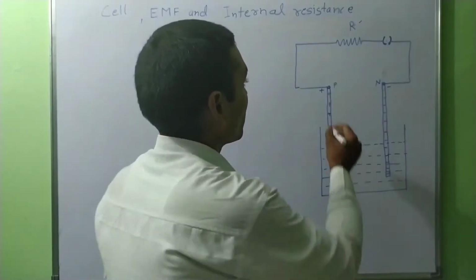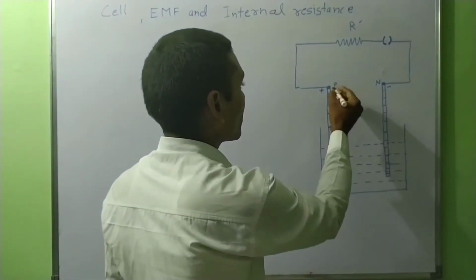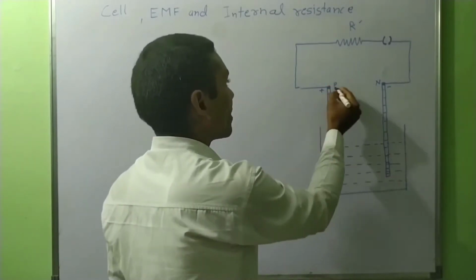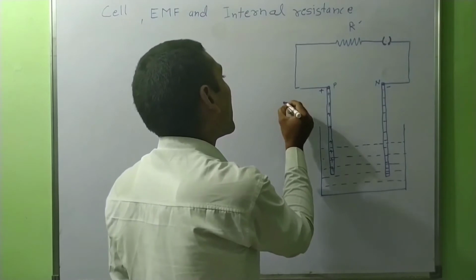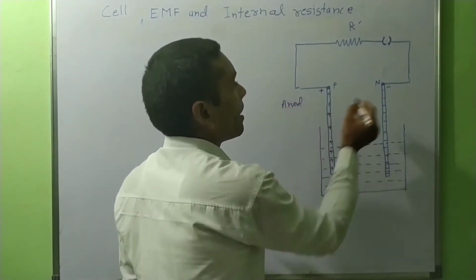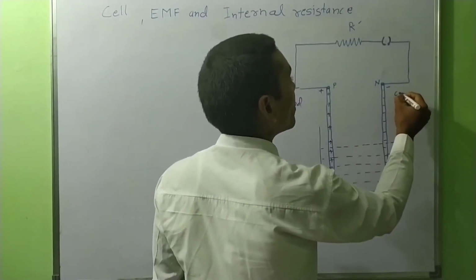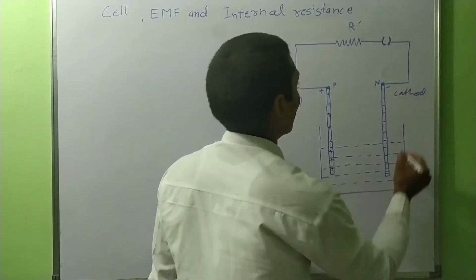Okay, this positive electrode is called the anode, and this negative electrode is called the cathode.